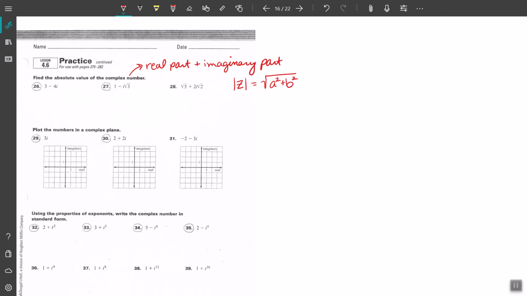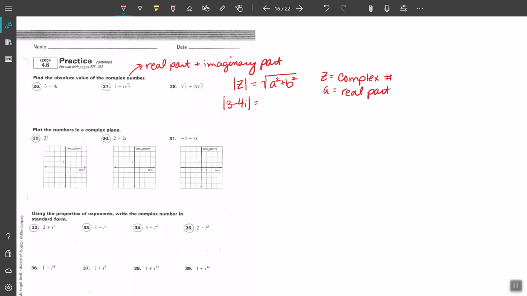All right, and so here's the formula where z equals the complex number. Okay, so in number 26, that would be 3 minus 4i. I'm just subbing in 3 minus 4i for z. A is going to stand for the real part of the complex number.